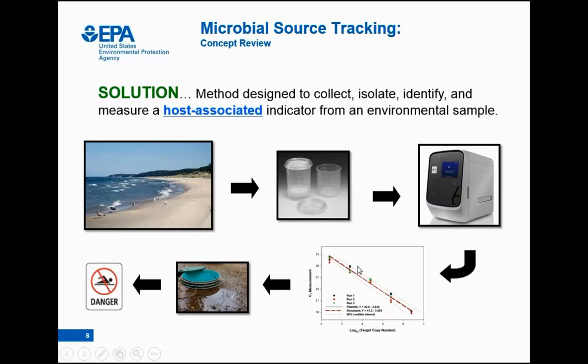It gives you data that then can be interpreted to help to identify a particular source of fecal pollution. In this case, we're saying septic pollution. And this information then can be used by water quality managers to make decisions that impact the safety of the public, as well as the ecology of the watershed or beach of interest.